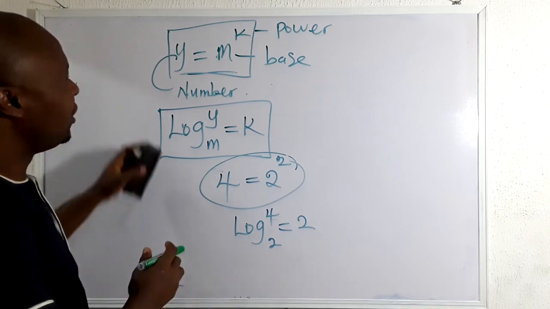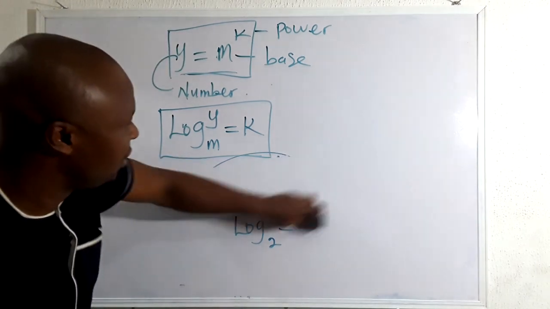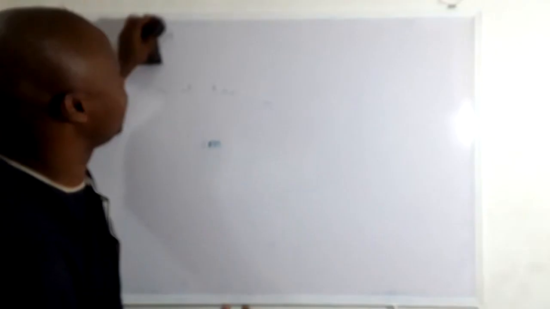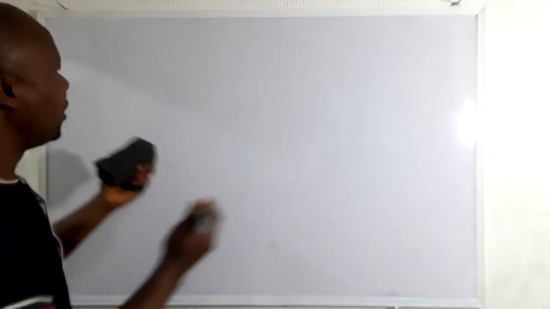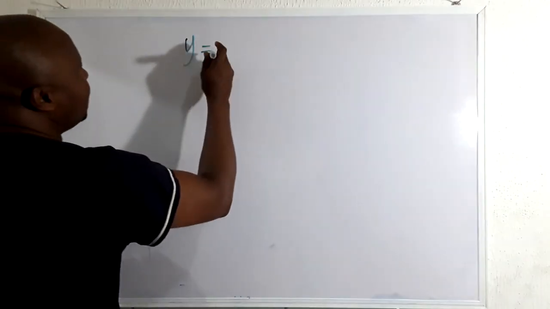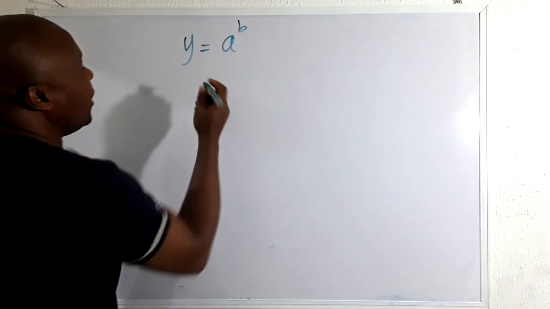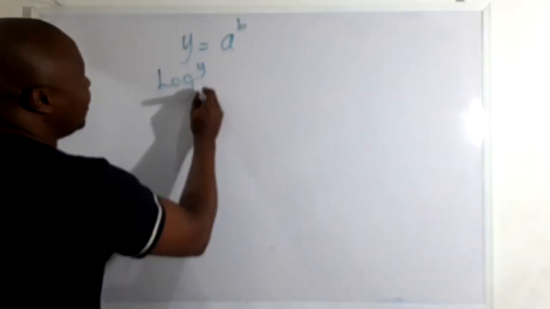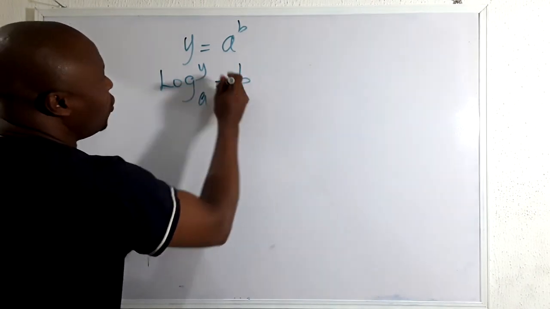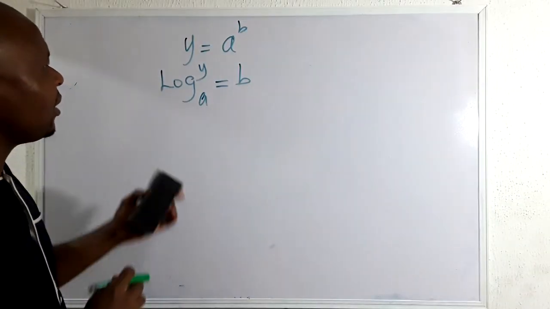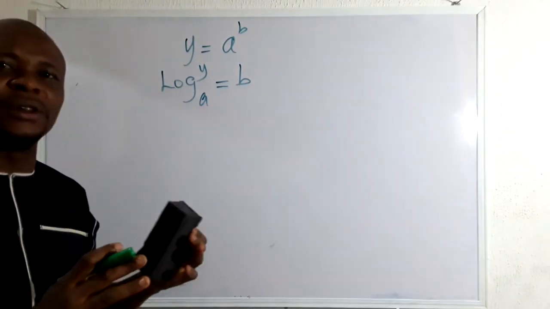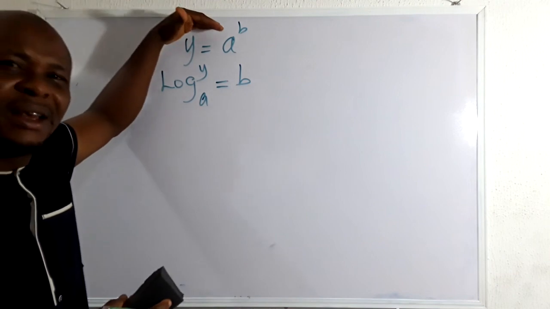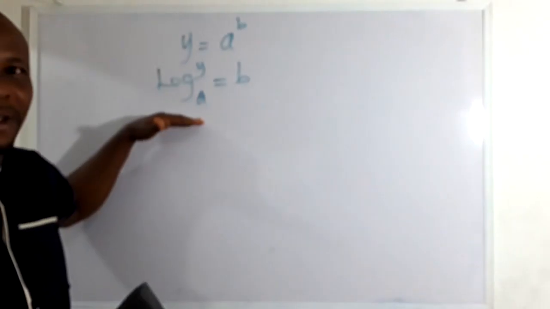So, in this general form, let's say we have an expression like this: y is equal to a raised to power b. Again, the log of y to base a must be equal to b. Now, this is what logarithm is, and this is the relationship between indices and logarithm.